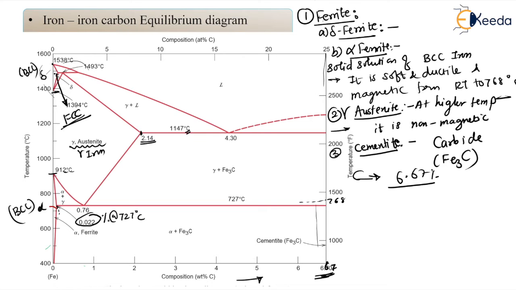So the maximum solubility of carbon in this cementite you can see here is 6.67%. And dear students, very importantly please remember the cementite is very hard and brittle. It is very hard and brittle actually. If you try to work on it, it simply breaks with a little amount of force also.